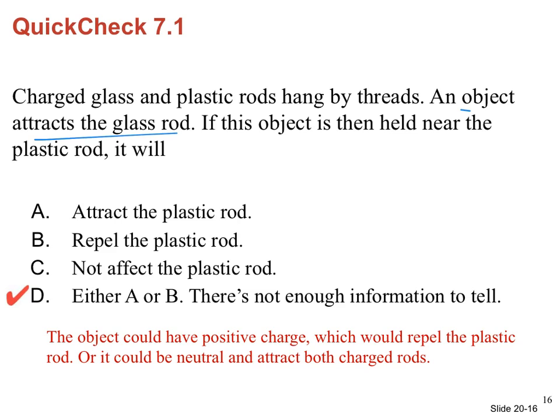So we would assume that it would repel the plastic rod. However, we don't know enough about this situation. What I could actually have is a neutral object. And we'll talk about this concept, but a neutral object, if held near a charged object, can be attractive. That's something known as polarization, which we'll talk about later.